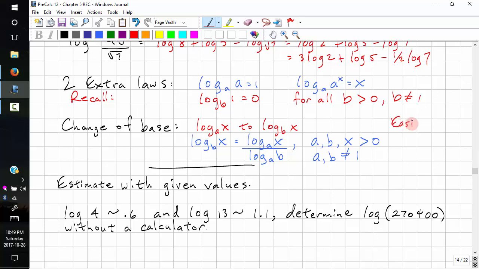And the easier form is if we want to change log x into log base B of x, we just do log base B of x equals log x over log B.